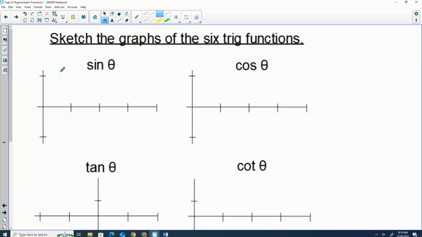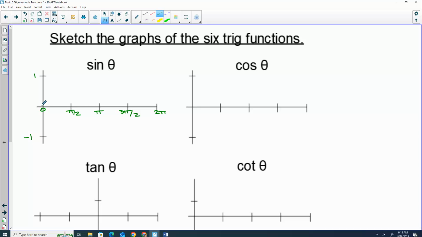So remember on sine, my highest is 1, my lowest is -1. The points on the x-axis were those points on my unit circle. So that was like my 0, pi over 2, pi, 3 pi over 2, and 2 pi. So the points off the x and y axis.